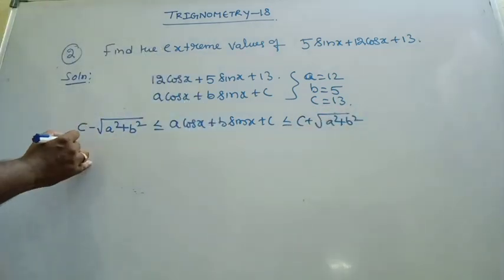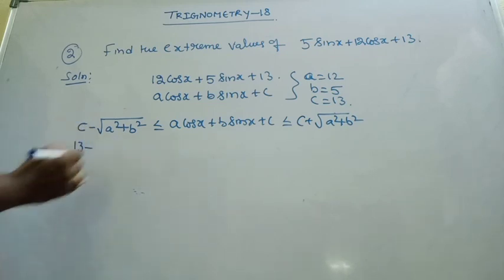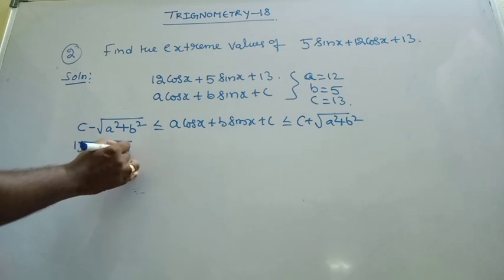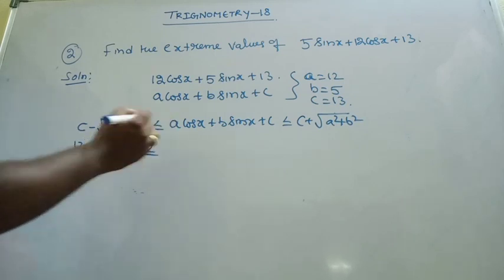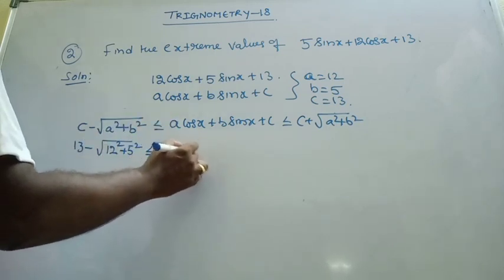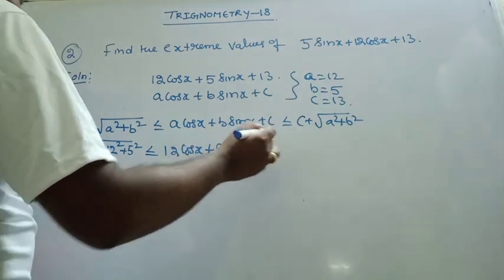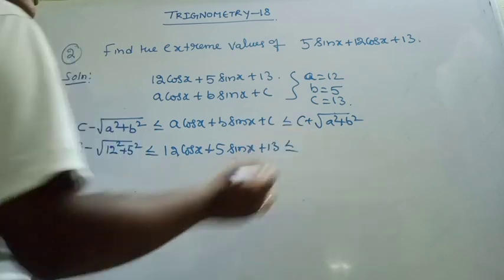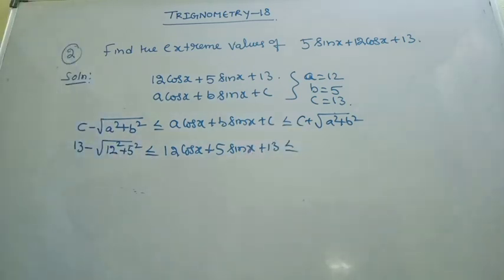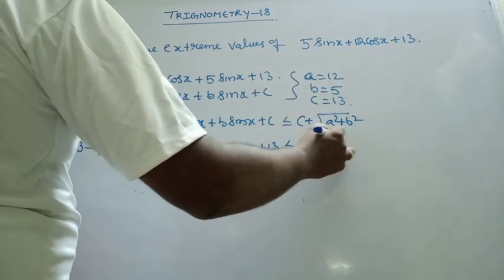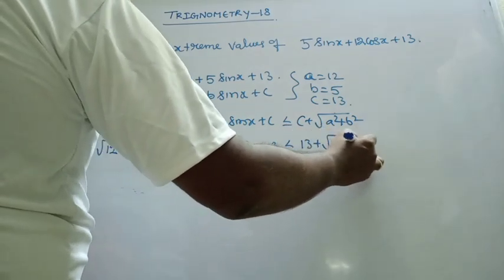This is 13 minus root over 12 square plus 5 square lesser than or equal to our problem 12 cos x plus 5 sin x plus 13, lesser than or equal to 13 plus root over 12 square plus 5 square, like this.